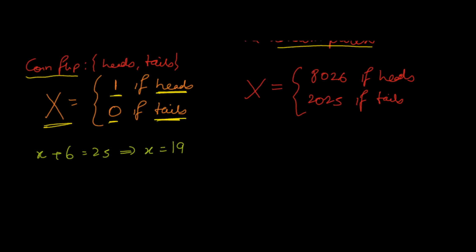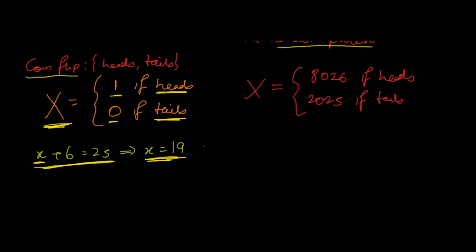For deterministic variables, I've used a lowercase letter x, and for random variables, I've used an uppercase letter X. With deterministic variables, we can say with certainty that x is equal to 19 if this statement is true. Whereas with the random variable X, we don't know what the value of X will be until we do the coin flip. So with deterministic variables, there is no random process.